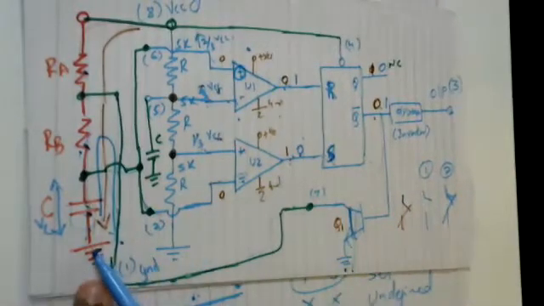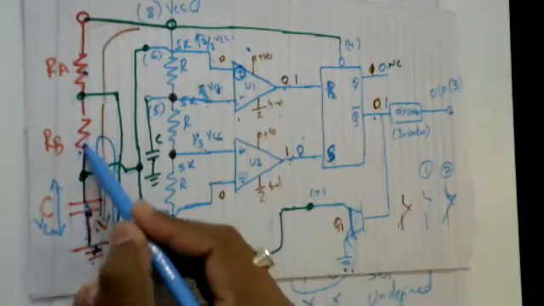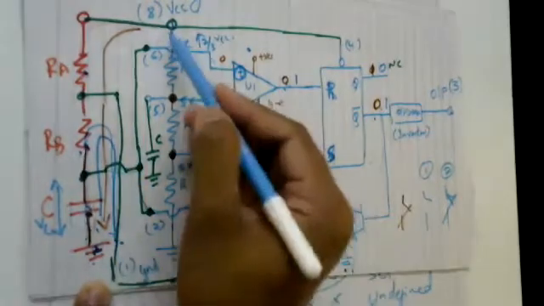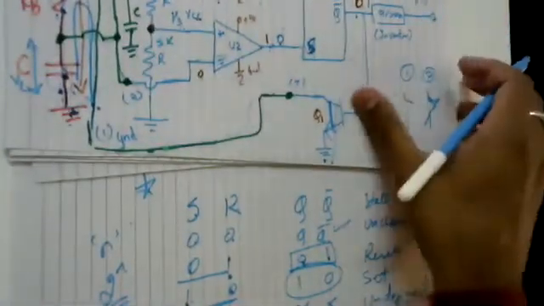So this is the discharging path. Charging path is like this. Is it clear to you? So this is how it moves from one state to another state.